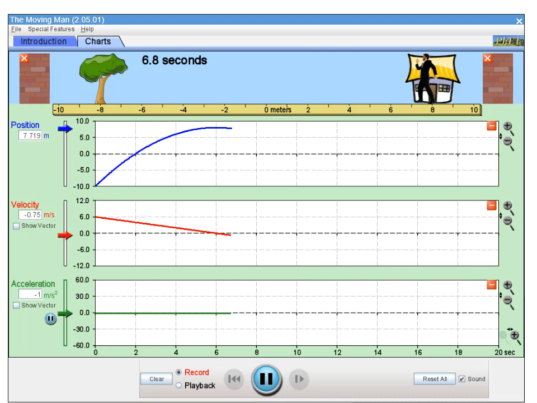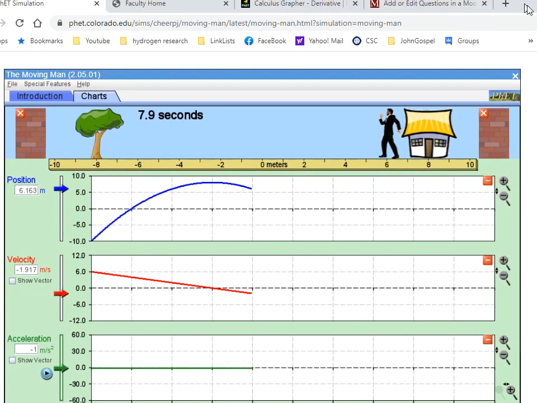I can do one other thing, and that's come up here to Special Features and Expression Evaluator. Sometimes that comes up, sometimes it doesn't. I'll pause it and see if the Expression Evaluator comes up. Still didn't. So what do you need to do when it doesn't come up?